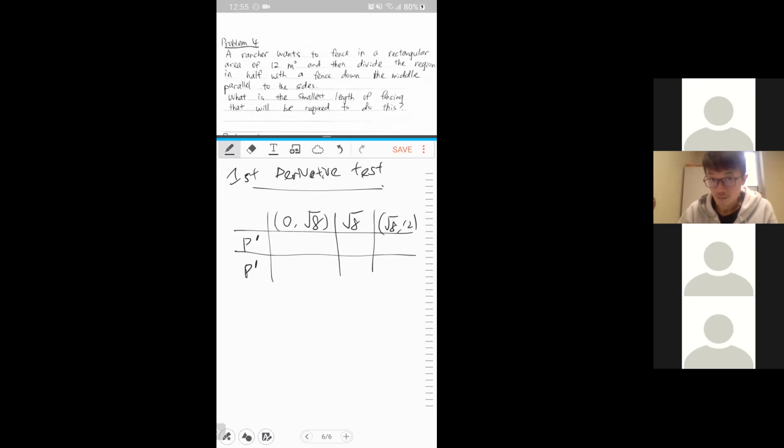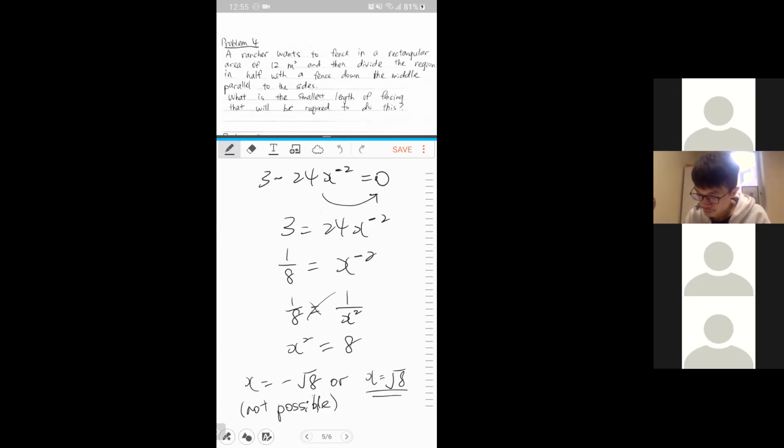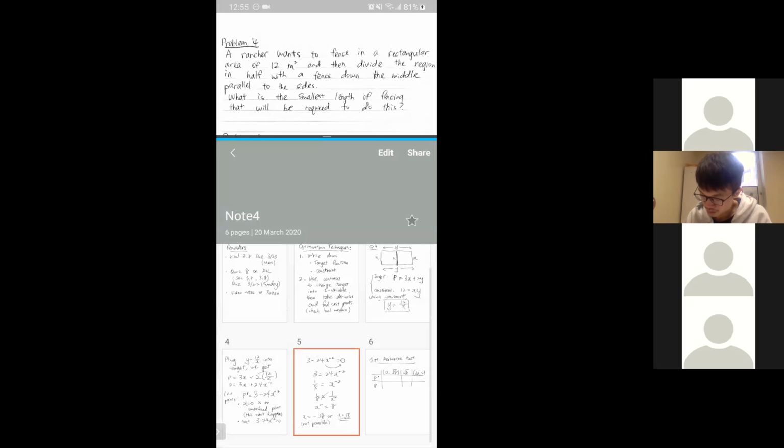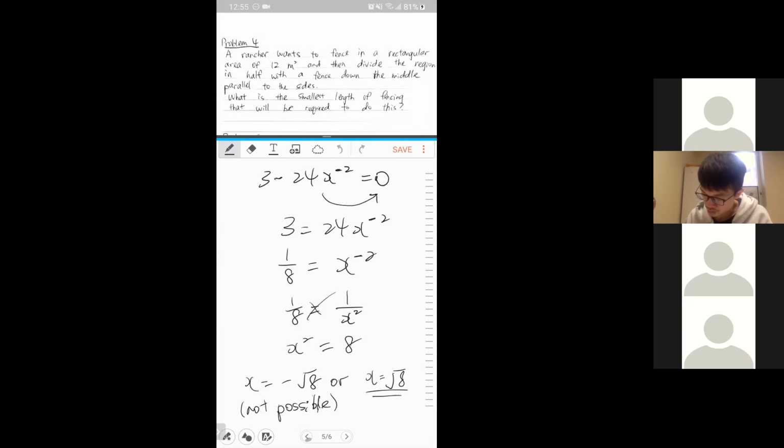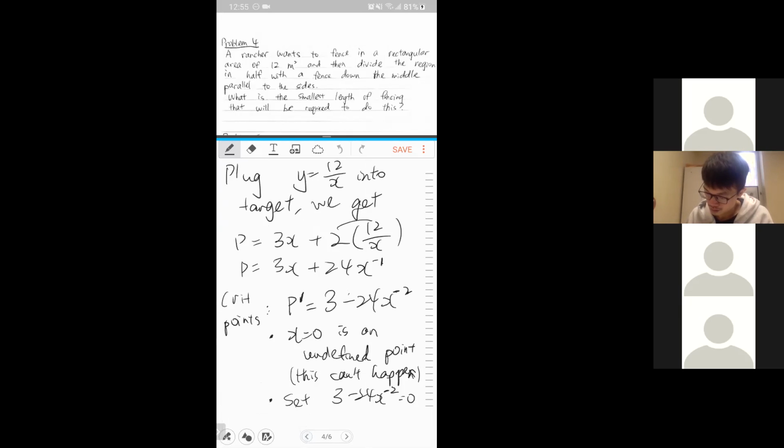All right, so pick points for these two intervals and then plug them into your derivative, and then check if they are positive or negative.